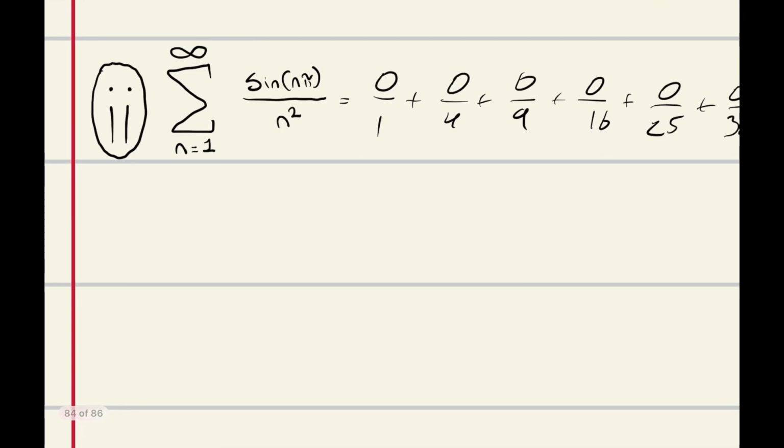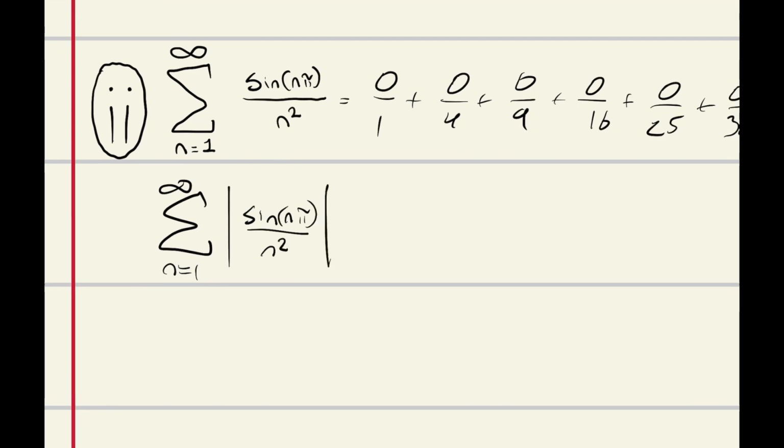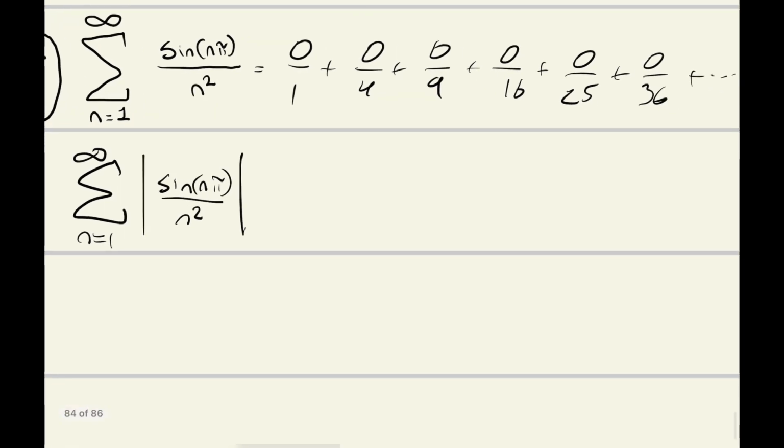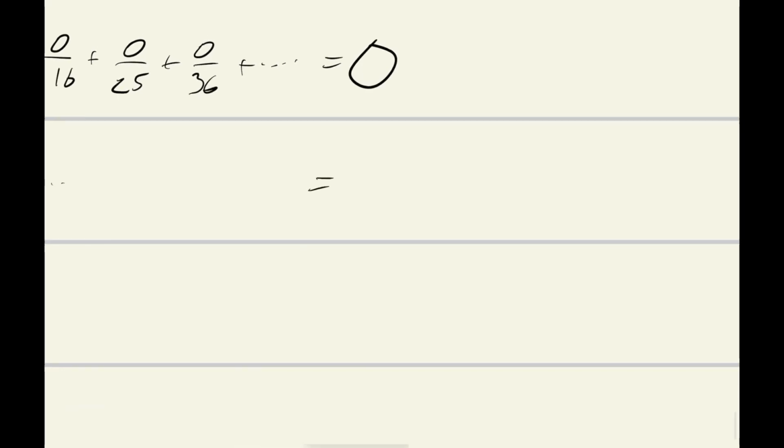And for the absolute value, well, that's the same thing. 0 plus 0 plus 0 plus dot dot dot, which would be equal to 0.